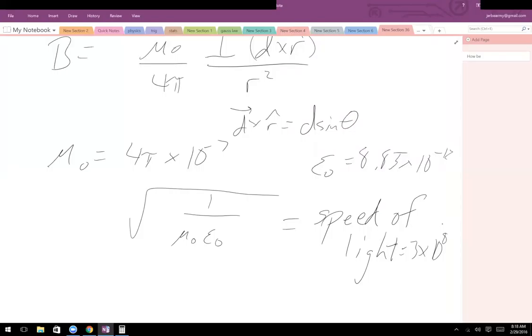As far as what this mu naught is, well, it's like epsilon naught. That number kind of measures any material in the world. There's a certain resistance to trying to build an electric field in it, and epsilon naught was that resistance for empty space. Mu naught's the same thing. For any material in the world, there's some sort of resistance to wanting to build a magnetic field in it, and mu naught is that resistance for empty space.